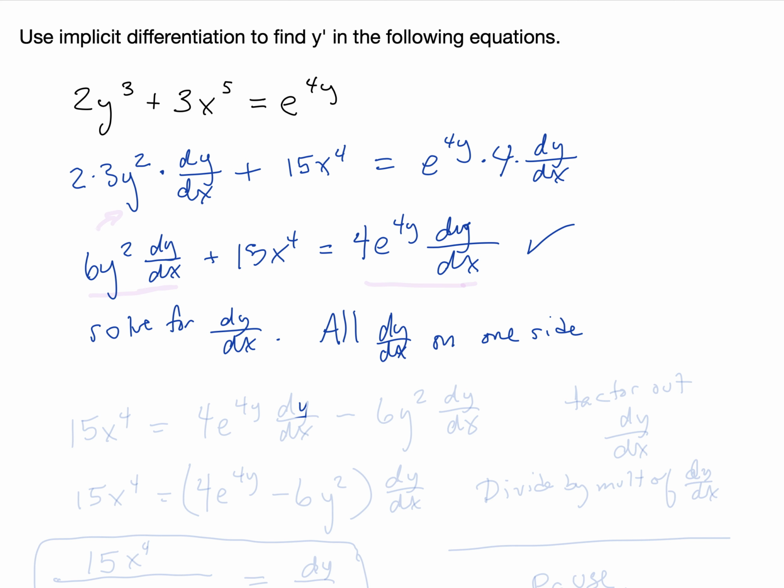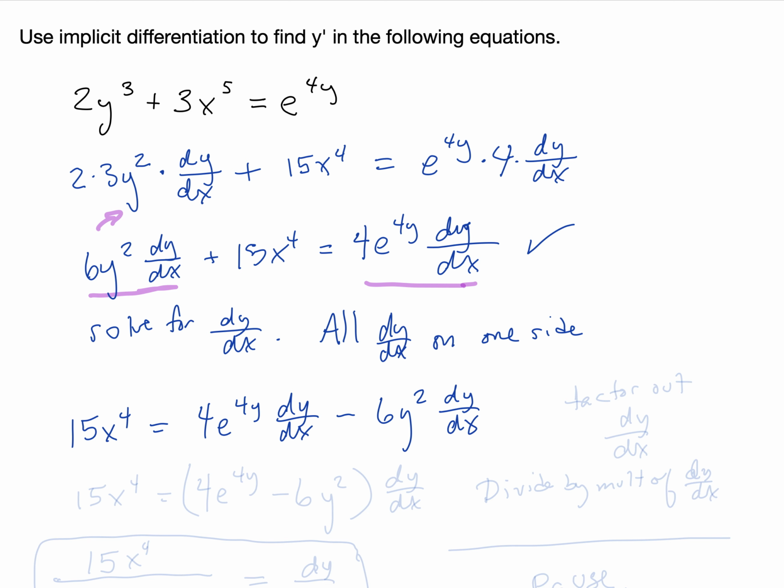Right now we've got a dy dx term over here and a dy dx term over here. This one's by itself, so let's subtract this over to the other side. So we have 15x to the fourth is equal to 4e to the 4y dy dx minus 6y squared dy dx.